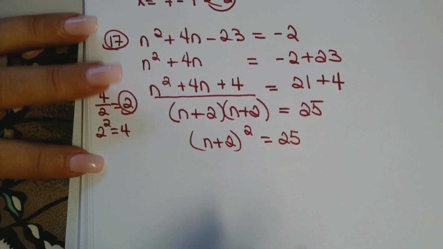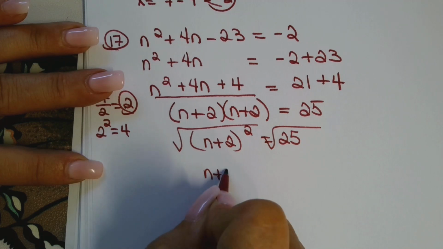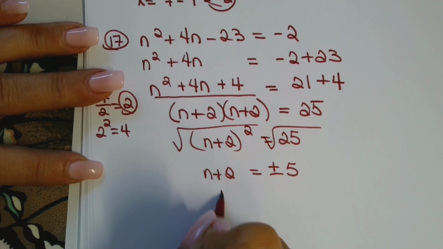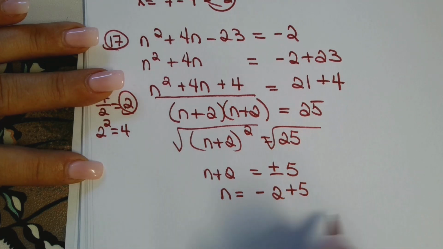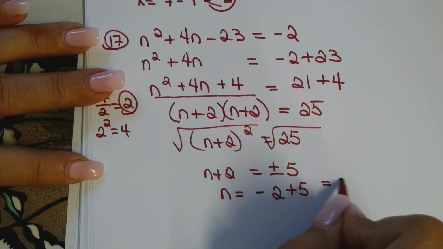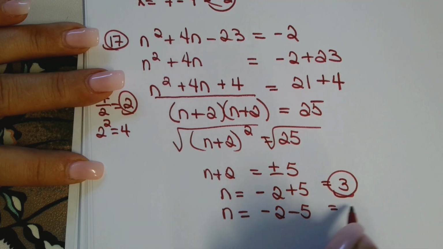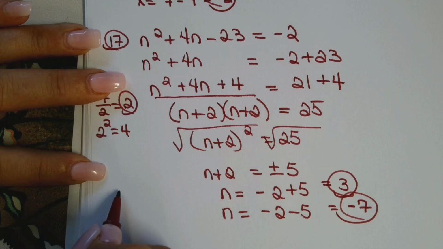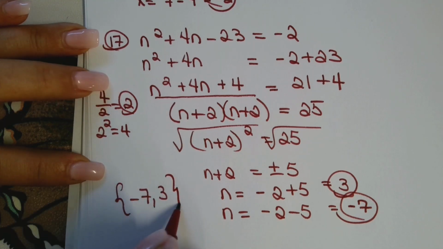And then we take the square root of both sides, and we'll be left with n plus 2 equals plus or minus 5. So n is either negative 2 plus 5, which is 3, or n is equal to negative 2 minus 5, which is negative 7. And my solution set is negative 7, 3.